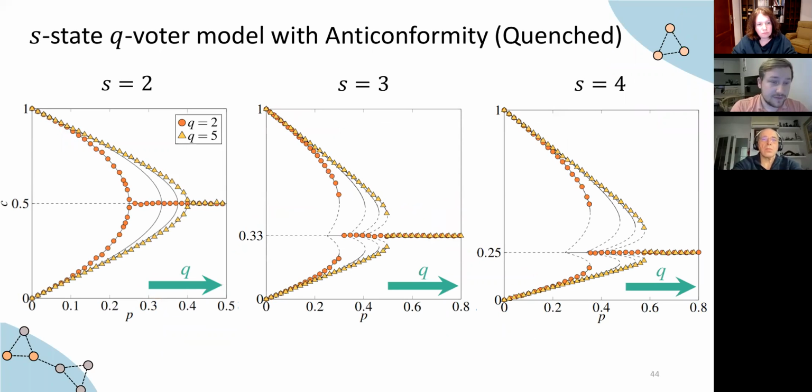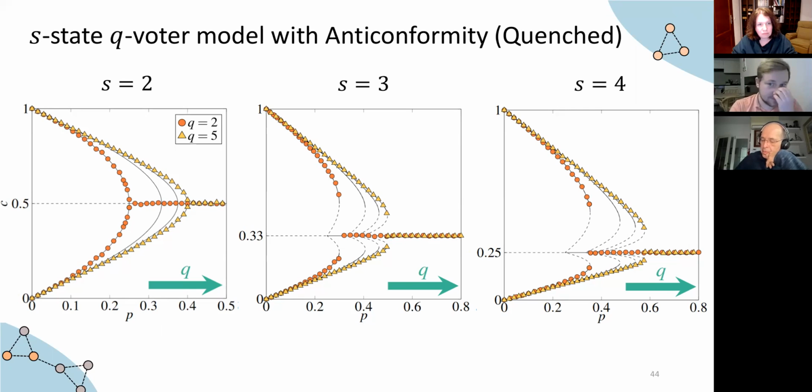And what happened? It happens that in the quenched version of the model with anticonformity something strange occurs, because we obtain the discontinuous phase transition for more states, even for one additional state. And this is in contrast to the knowledge we have right now about this kind of model, because quenched typically destroys the discontinuity in these models.